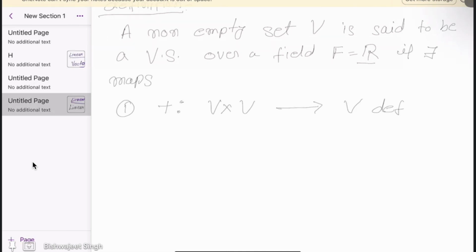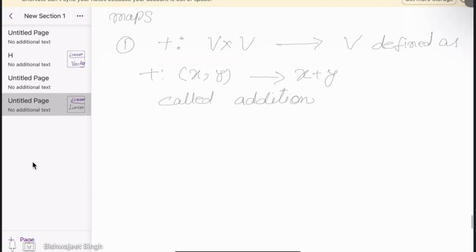And it is defined as plus of x comma y is x plus y. This is called addition. And the second map that we are going to define is a dot.